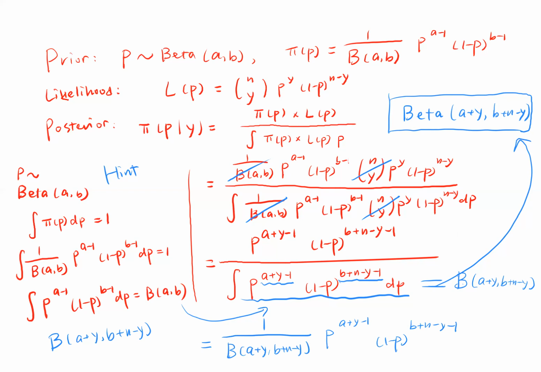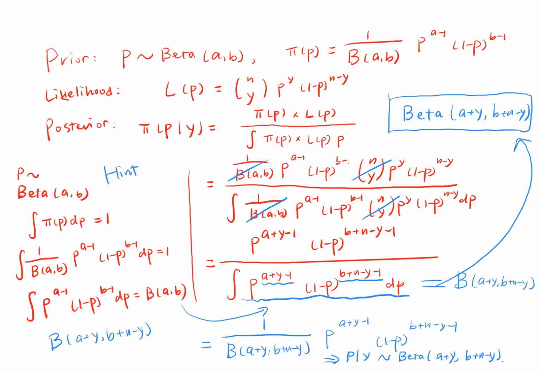That tells us that p given Y, the posterior, should be a beta distribution with the first shape parameter A + Y, and the second shape parameter B + N - Y. Okay? This is probably the only time that we're going to keep all of the constants and then show that it is indeed a beta distribution.